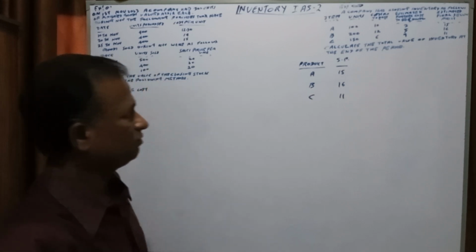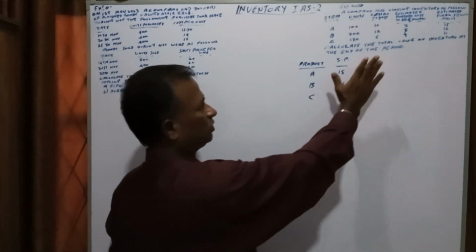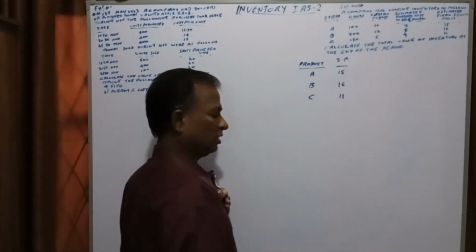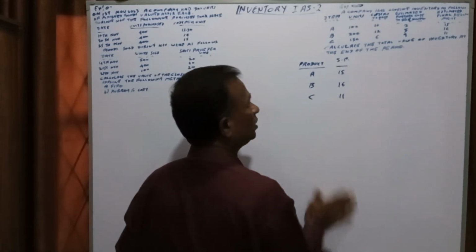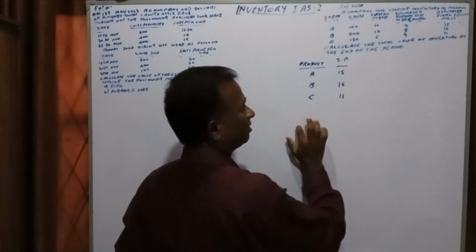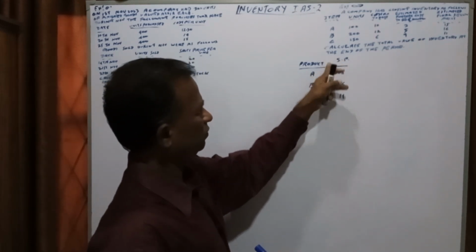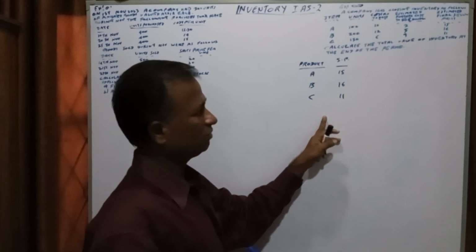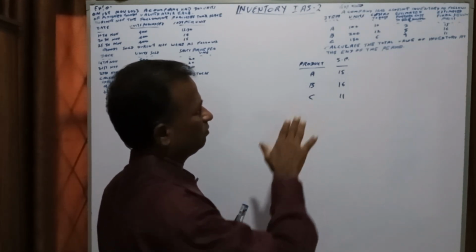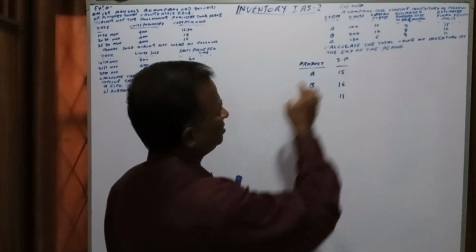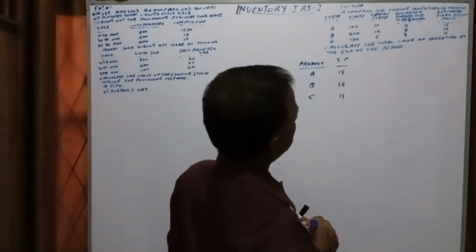At one glance we can do the workings for this question rather than attempting each and every product separately. For all the products, we can do it at one glance. This is my way of working. This is selling price.